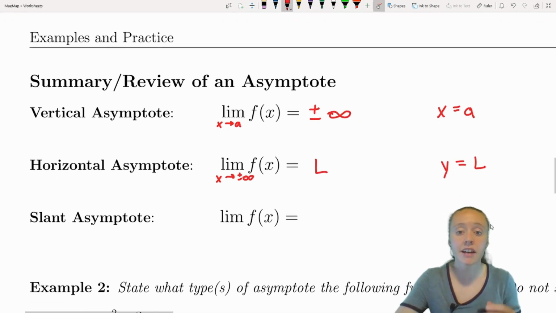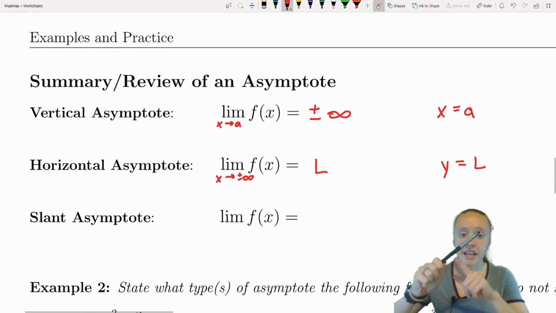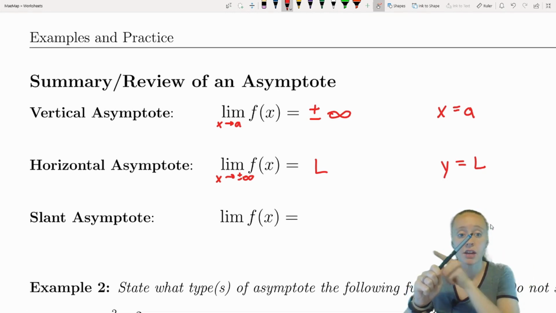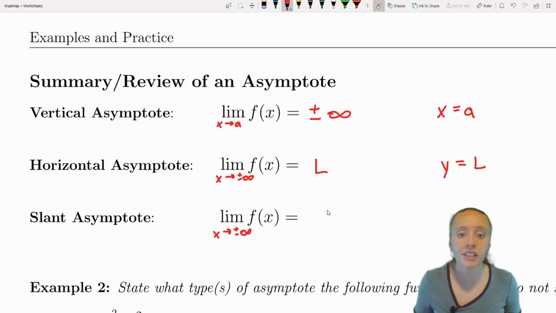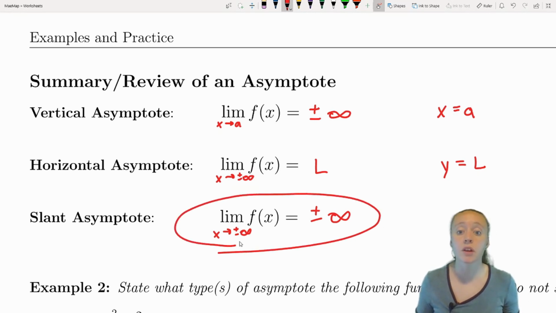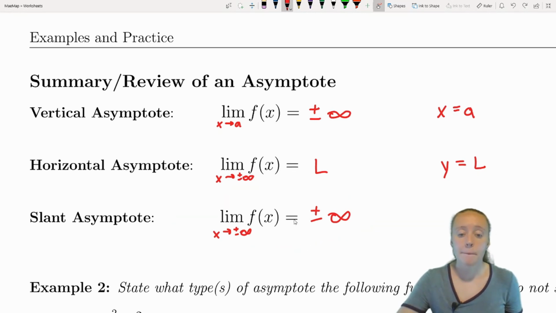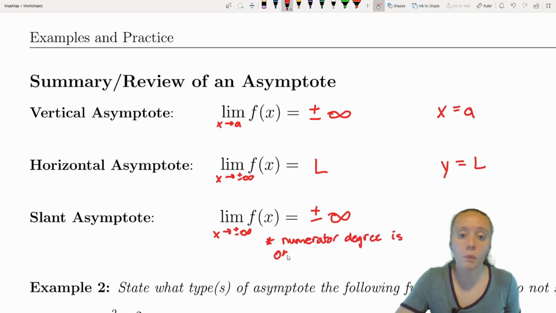And a slant asymptote, again, we're taking x as we approach positive infinity or as we approach negative infinity. So this is as x approaches positive or negative infinity. That's going to equal positive or negative infinity. But this doesn't define whether we have a slant asymptote or not. We also have to note that the numerator degree is one more than the denominator.